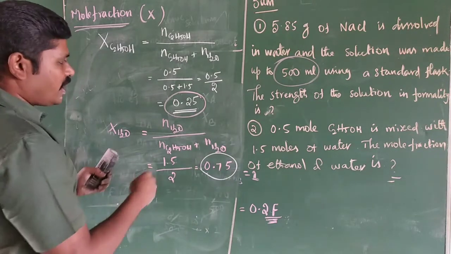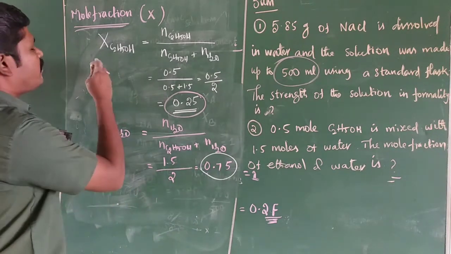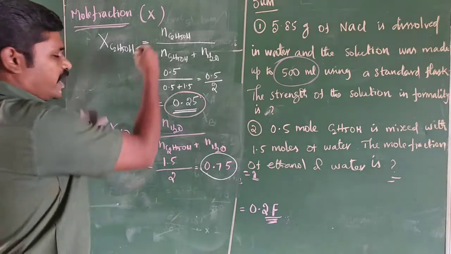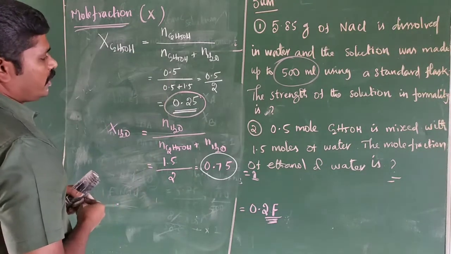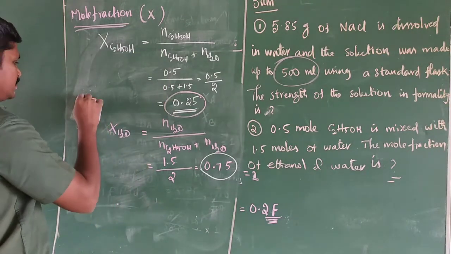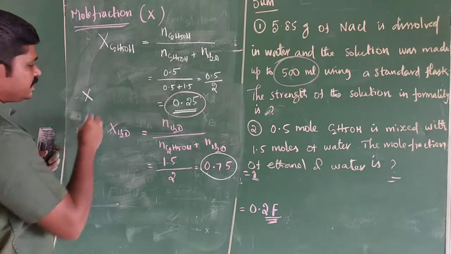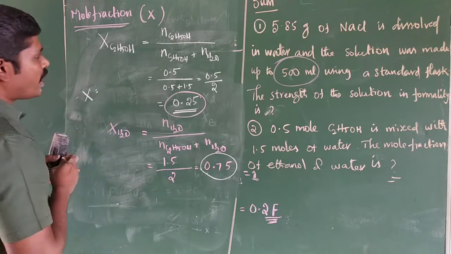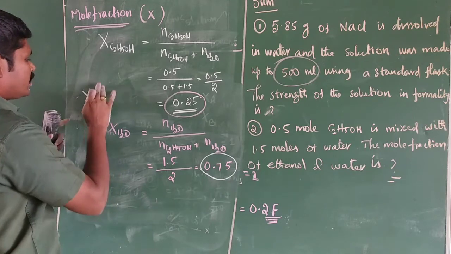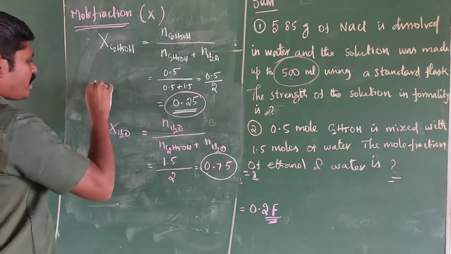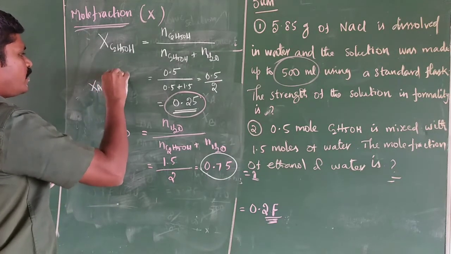In other words, first calculate the mole fraction of any one of the components. The mole fractions XA plus XB is equal to 1.